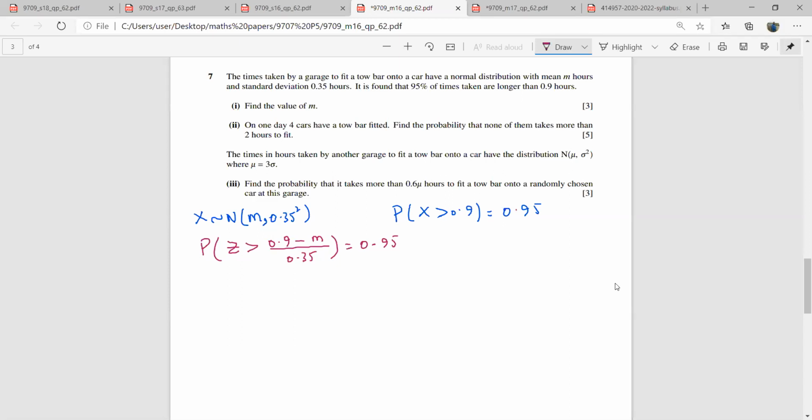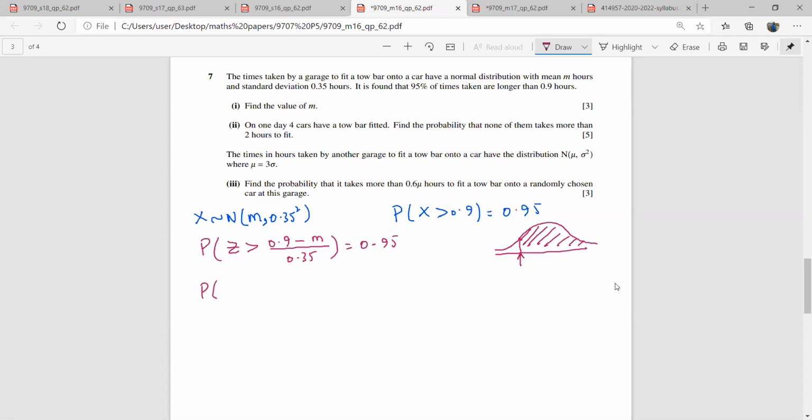So this has to be a negative value because this probability is more than 0.5. Look at this, if I just show you over here, 0.95, there's a greater than sign. So this means 0.9 is going to be somewhere over here, and that is why all of this is going to be 0.95. So we have to make it forcefully a negative value.